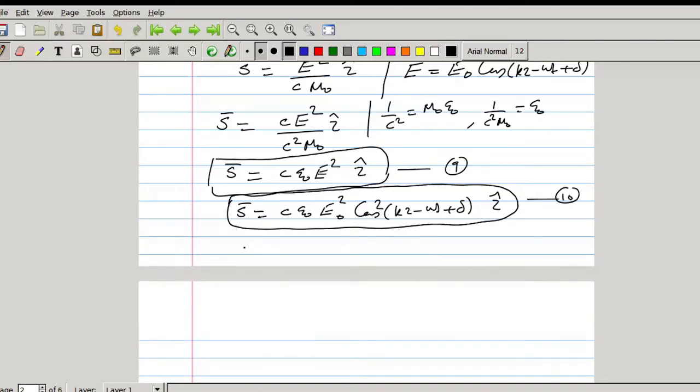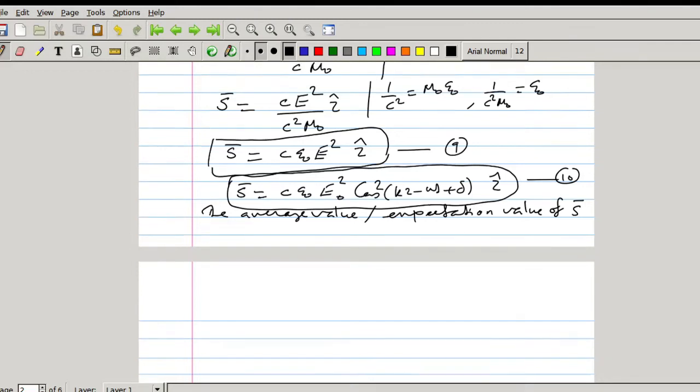Now take the average value, the expectation value, of the Poynting vector.